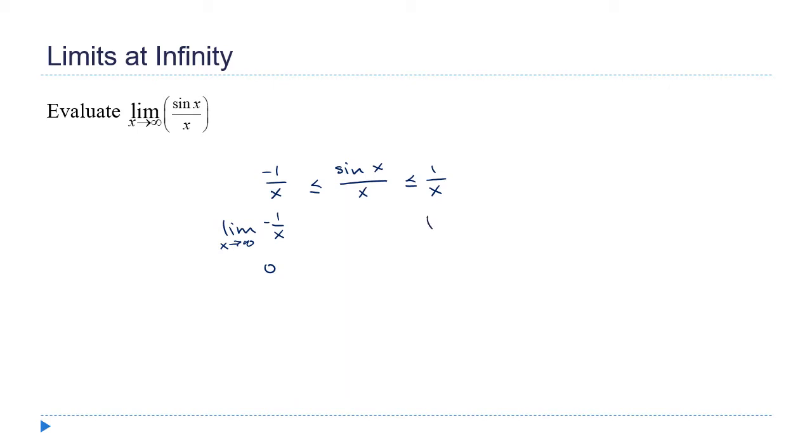And the limit as x approaches infinity of 1 over x is also 0. And I know that my original function is sandwiched between these two, which means that that's what my limit is. The limit as x approaches infinity of the sine of x over x is 0.